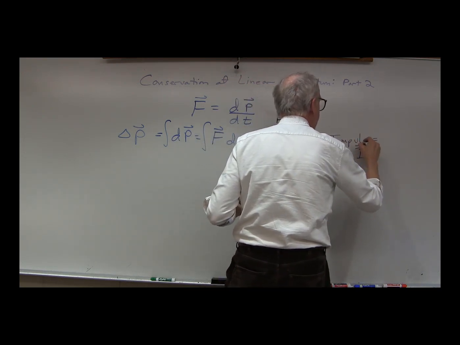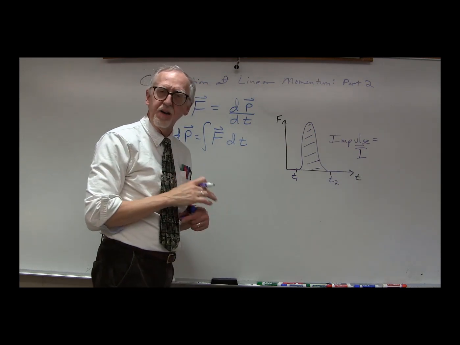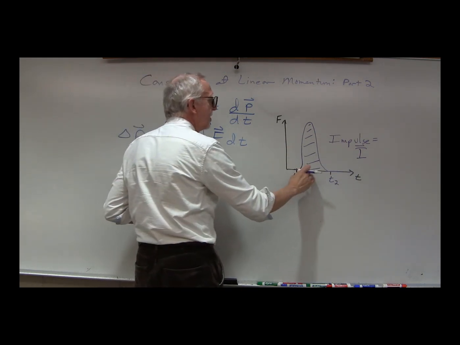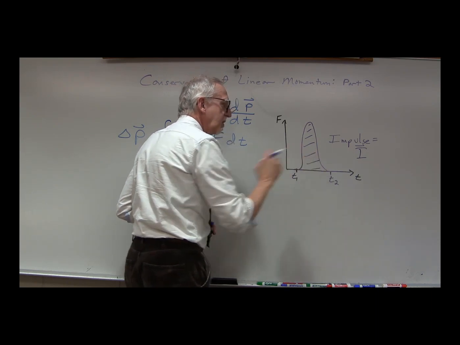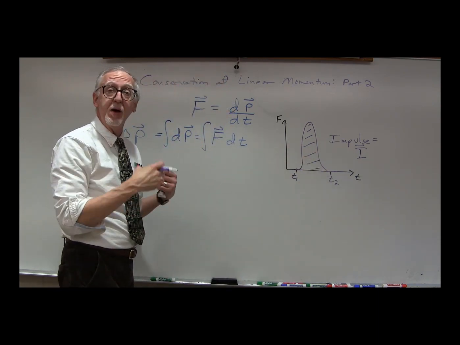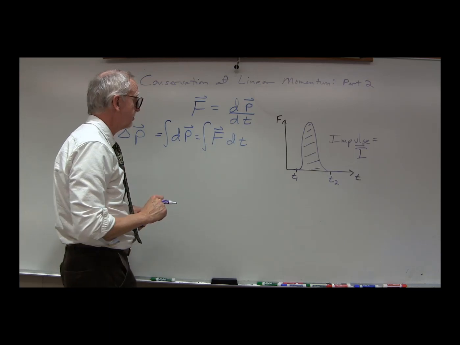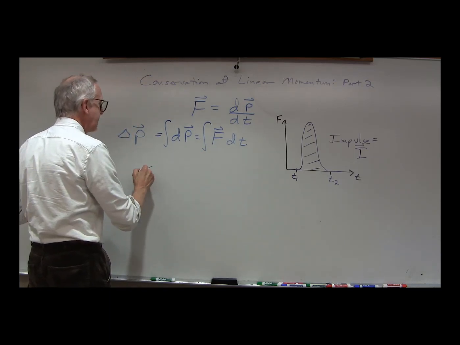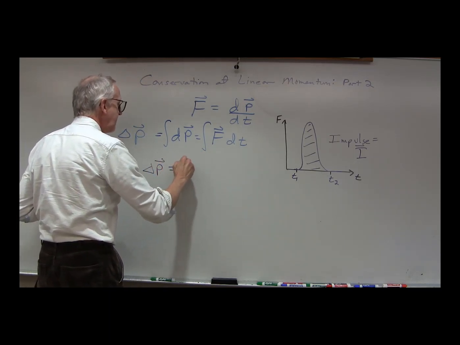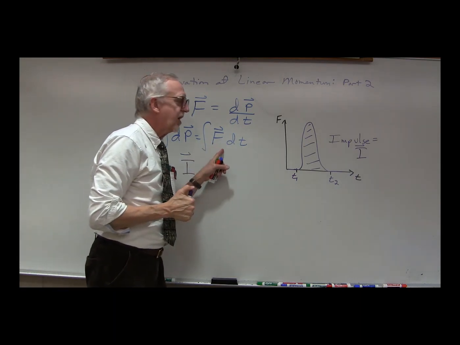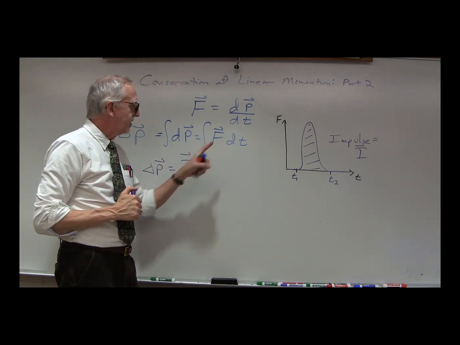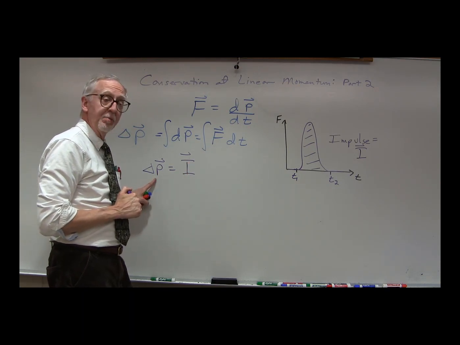And we write that as the vector I for impulse, the integral of F dt from some limits that will cover all the time when the force is actually non-zero. So the change in the momentum is equal to this impulse. The impulse that we calculate by integrating the force dt gives us the change in the momentum.